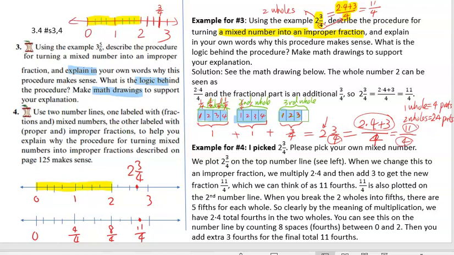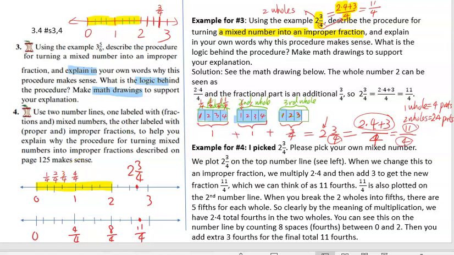Remember, each of them has size 1/4 because we divide one whole into 4 equal parts. So now we have 1/4, 2/4, 3/4, and 4/4. Keep counting, 5/4, 6/4, and so on. But of course, we want to find a systematic mathematical way.